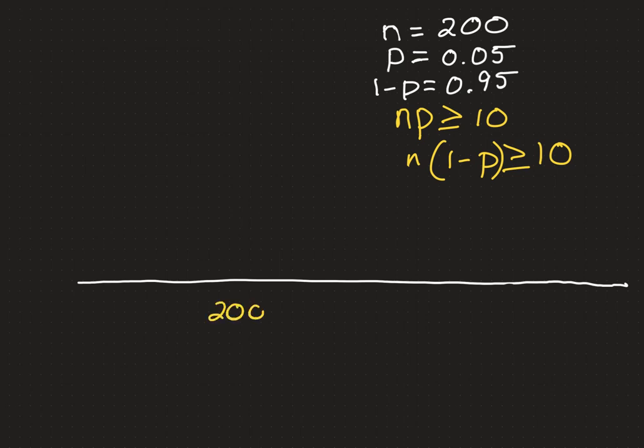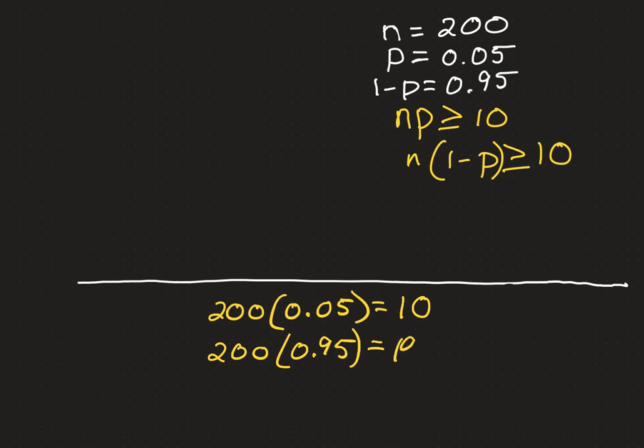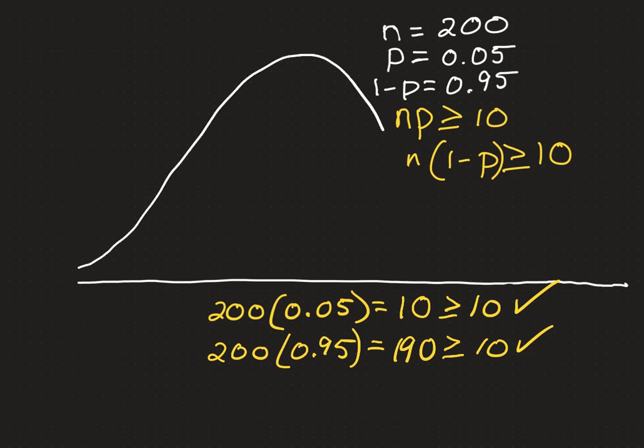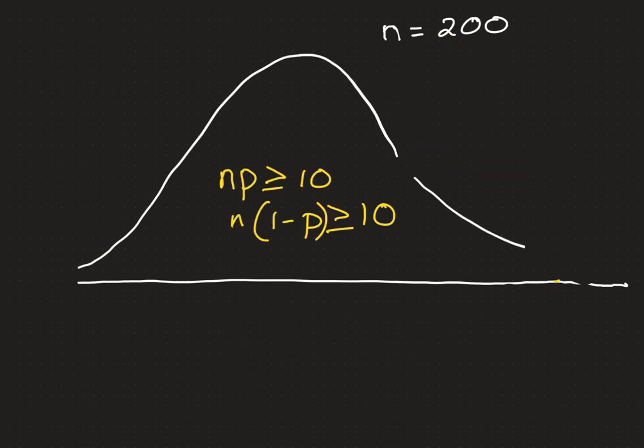Well, n is 200, p is still 0.05, and that equals 10 exactly. And 200 times 0.95, even bigger, 190. So is 10 greater than or equal to 10? Oh yeah. Is 190 greater than or equal to 10? Yes. And what does that distribution look like? It is approximately normal, even though my drawing is a little bit off.